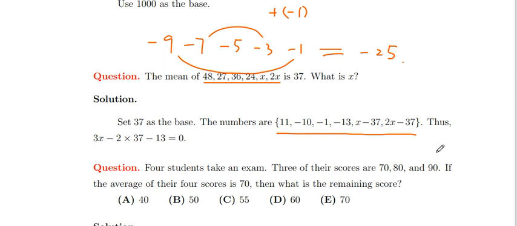We can use a quick way. Their average should be 0, so those cancel, and here it becomes 3x minus 37, minus 74 minus 13 equals 0. So we get x.